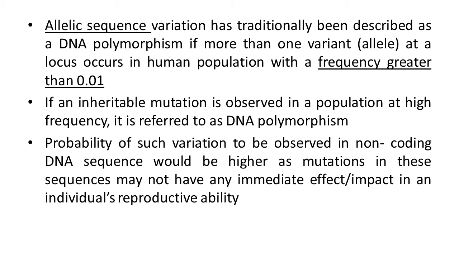This variation, if there is more than one variant, or we can also say more than one allele at a locus, at one site, at one place, occurring in the human population with a frequency greater than 0.01. This point is to be noted. This frequency must be greater than 0.01.